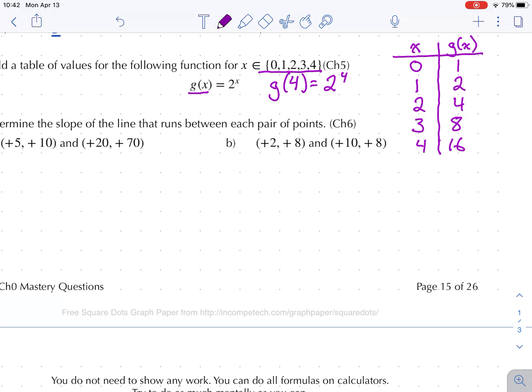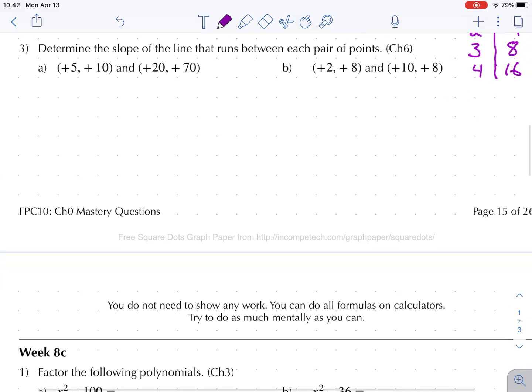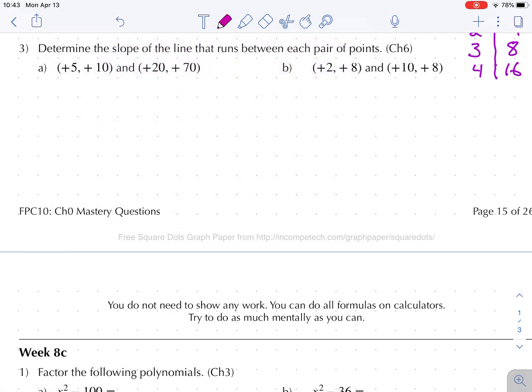All right, question number 3. Determine the slope of the line that runs between each pair of points. Now, I told you that we were going to do this one without plotting the points. And in order to do this without plotting the points, I do a very simple process.